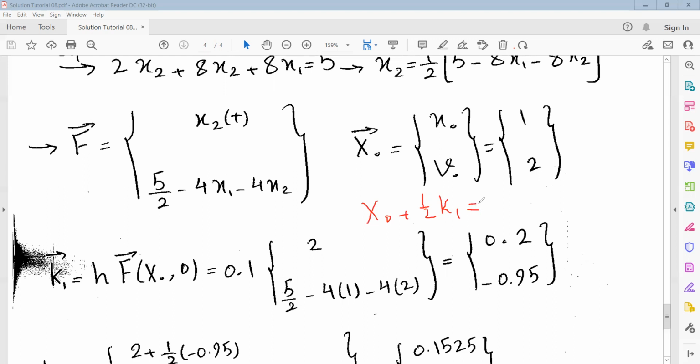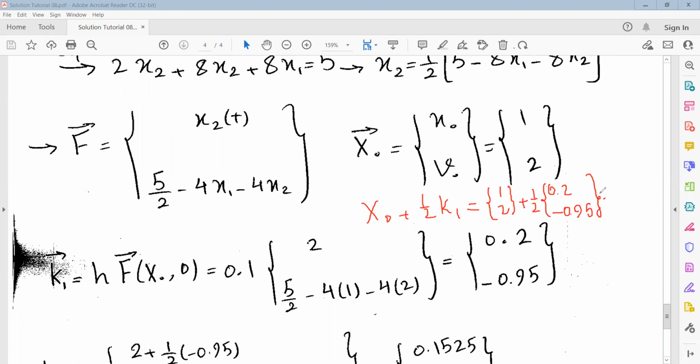So in this case, you can see that x naught is 1 and 2, so it will be equal to 1 and 2 plus half multiplied by k1, which k1 is equal to 0.2 and minus 0.95.